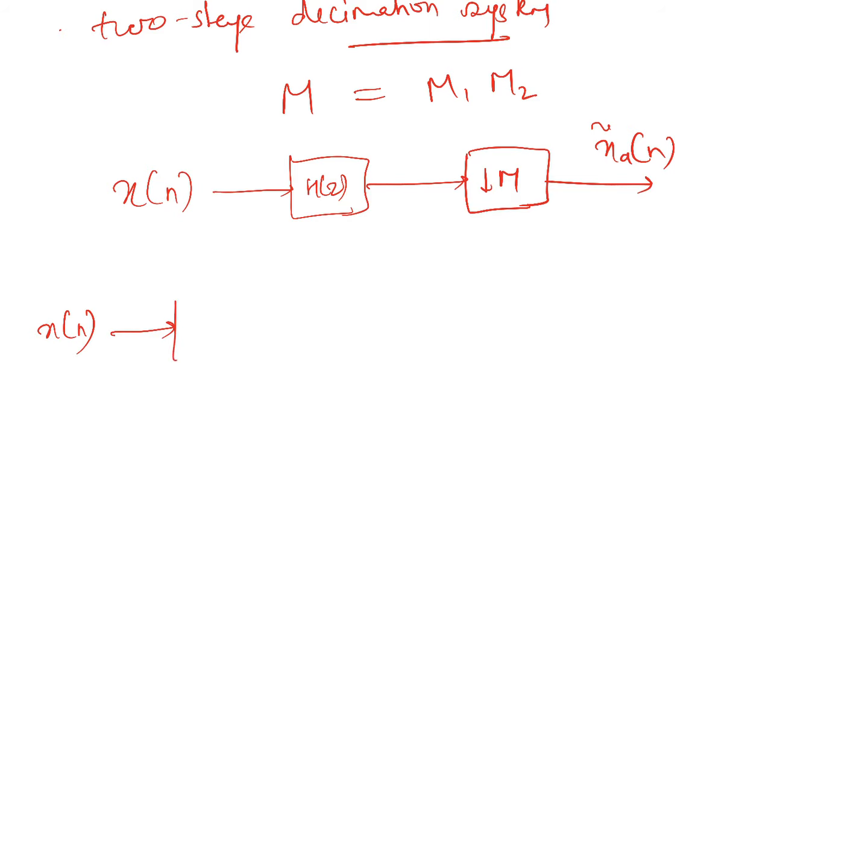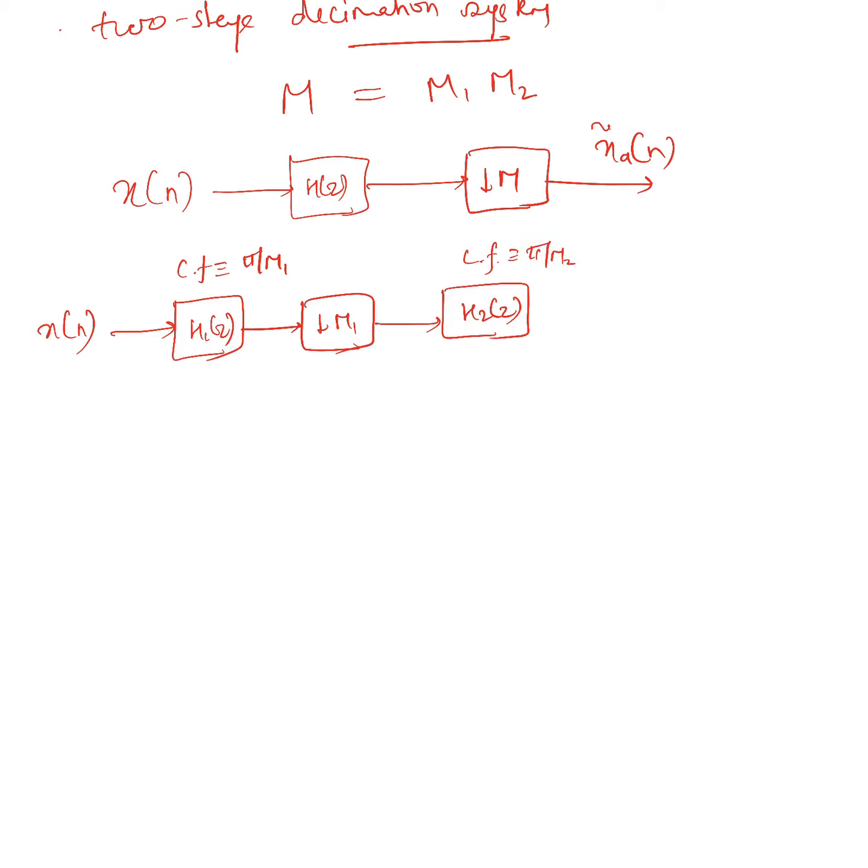So in the first stage we have this H1 of z with cutoff frequency pi by M1, and then I pass it to the downsampler M1. Whatever I get here is then fed to another filter H2 of z with the cutoff frequency of pi by M2, and this is then passed to the downsampler M2 to finally achieve this x tilde of n.